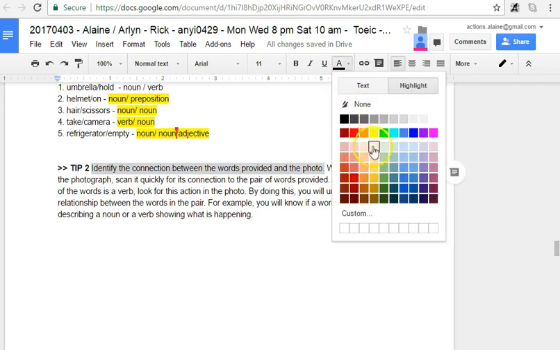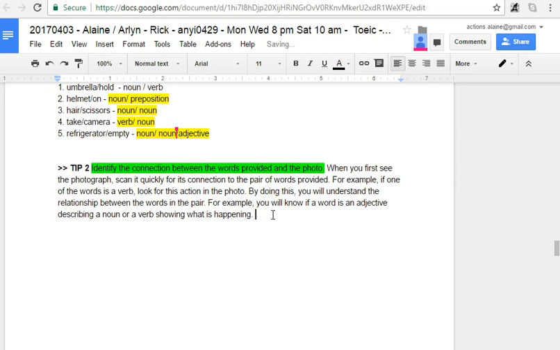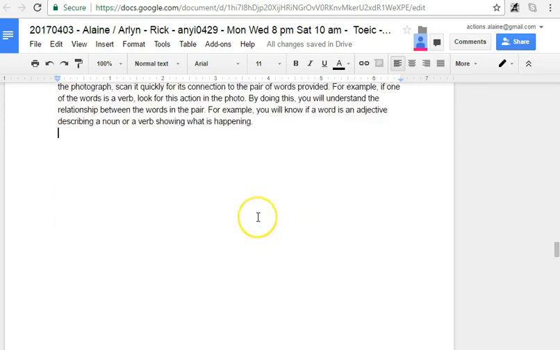For example, you will know if a word is an adjective describing a noun or the verb showing what is happening. Very good. So a particular word in a sentence can describe what it means. All you have to do is identify the connection between the words provided and the photo itself.